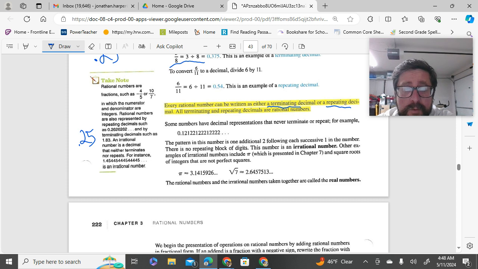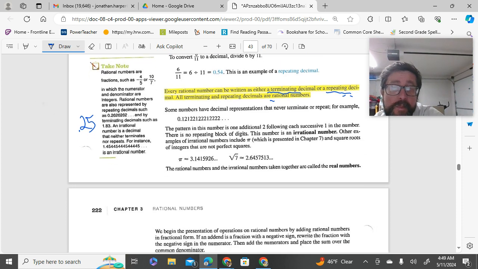Why is it called terminating? Because it ends. Now, if it's a repeating decimal, it goes 0.12, 12, 12, 12, 12, 12, and goes on forever. That's still a rational number.